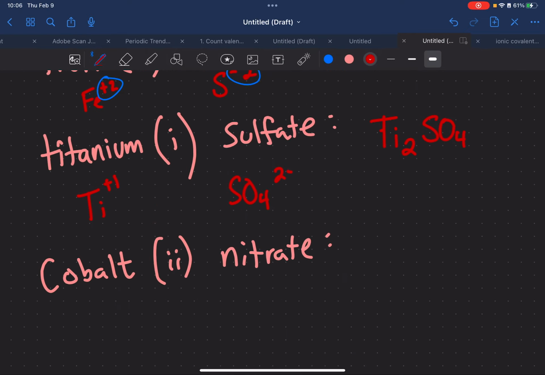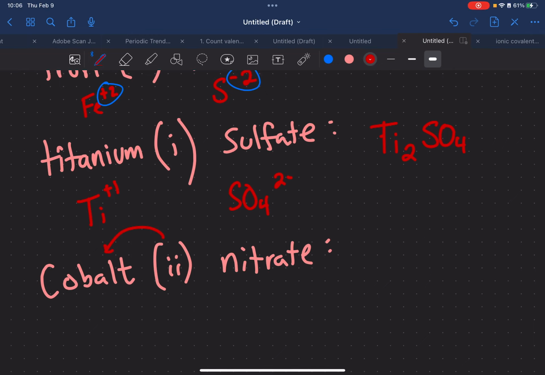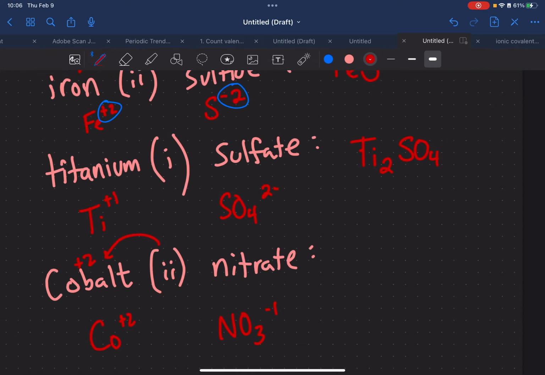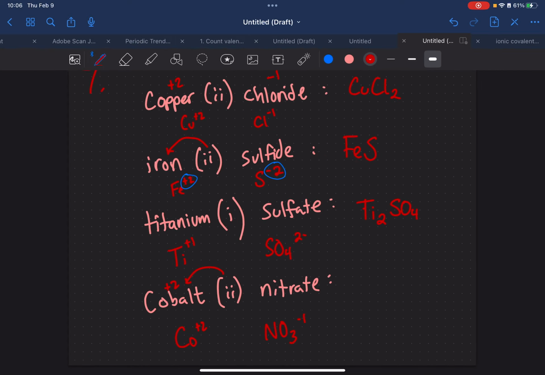Cobalt 2 nitrate. That tells us the charge on my cobalt is +2. And nitrate is on my polyatomic ion list. That's -1. If you are getting confused with when is it a polyatomic ion, when is it a monatomic ion, remember that our monatomic ions are always going to end with "ide."